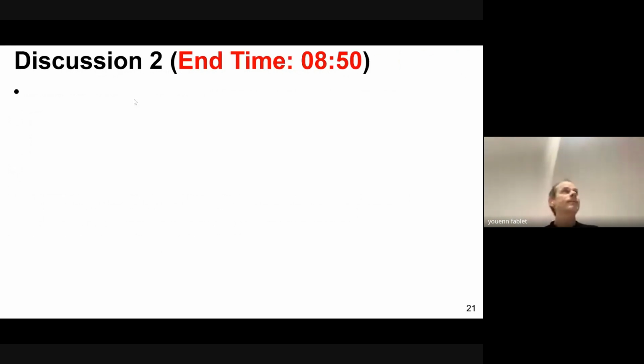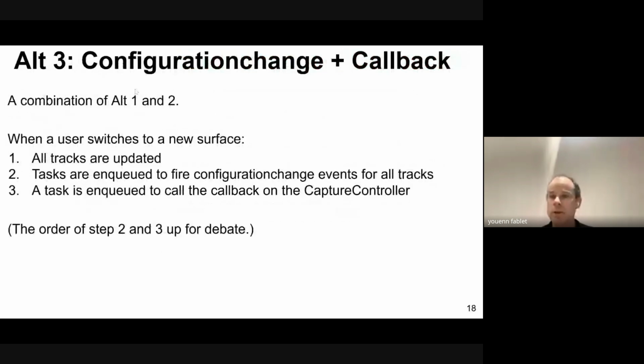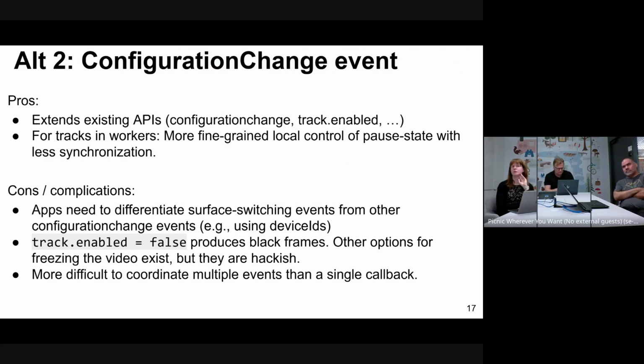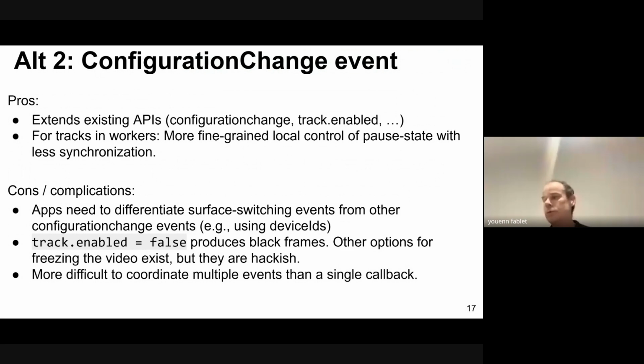Anyway, let's take the example of a web application that wants to pause and ask the user whether they actually want to continue and reshare the content. In that case, there are two things to consider. First, you want to pause the sending of the video frames to the other parties, but you want to keep the local preview so that the user knows what is being shared.